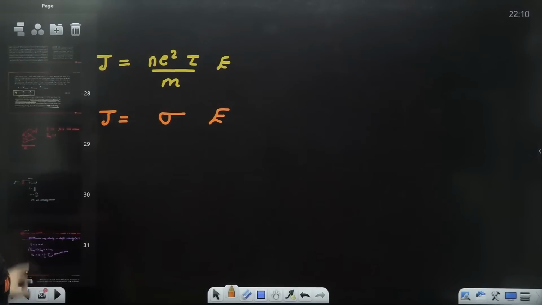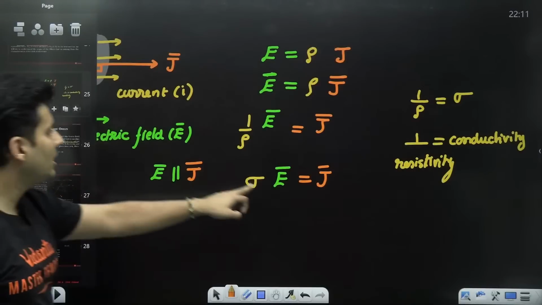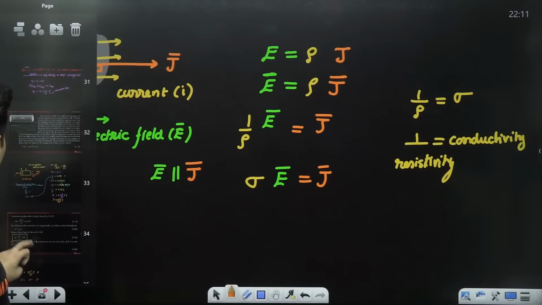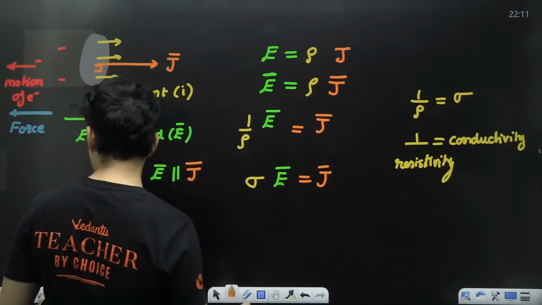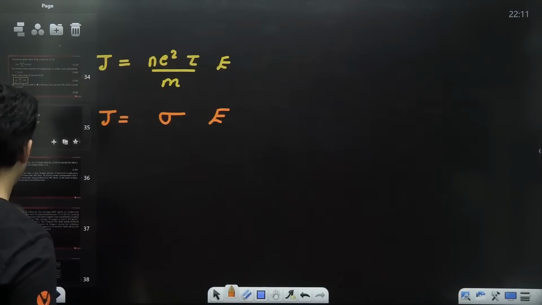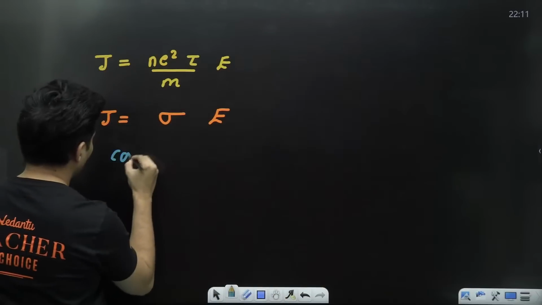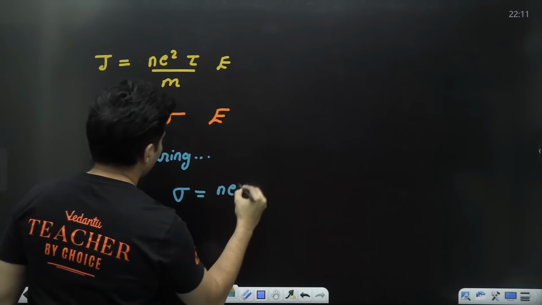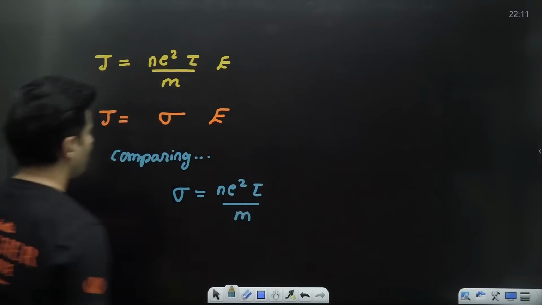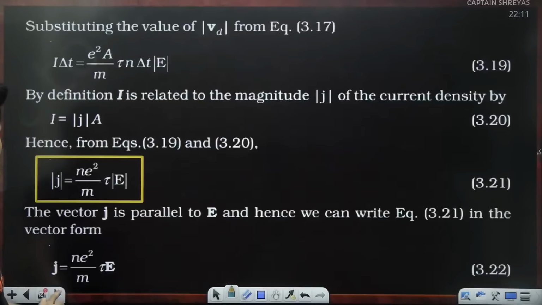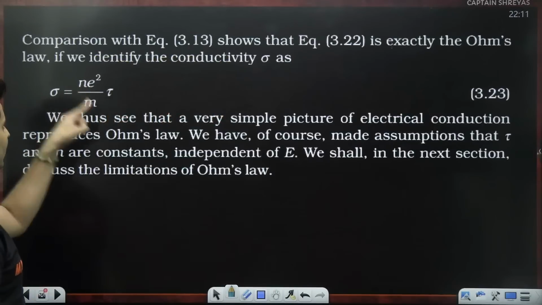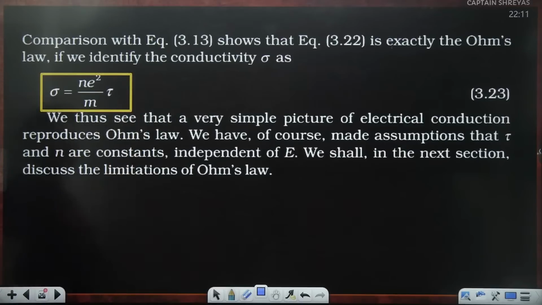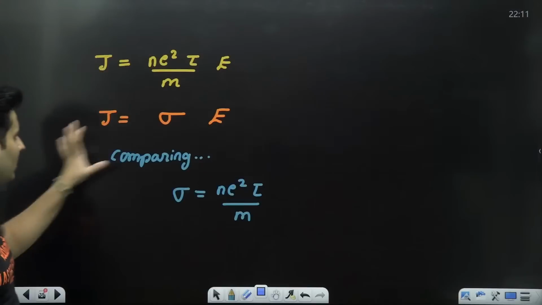If you have forgotten where we wrote it down, right over here: J is equal to E multiplied by sigma. We wrote it down just some time back. So just by purely comparing both of them, what do you get? Sigma is equal to ne squared tau by m. That is what they have also done. Clear? Okay. So that is what they have obtained.